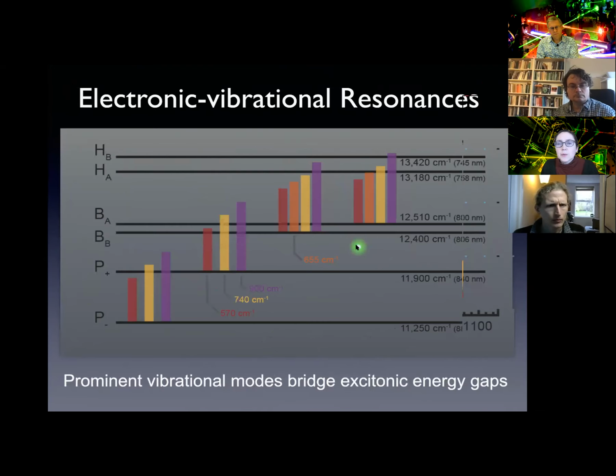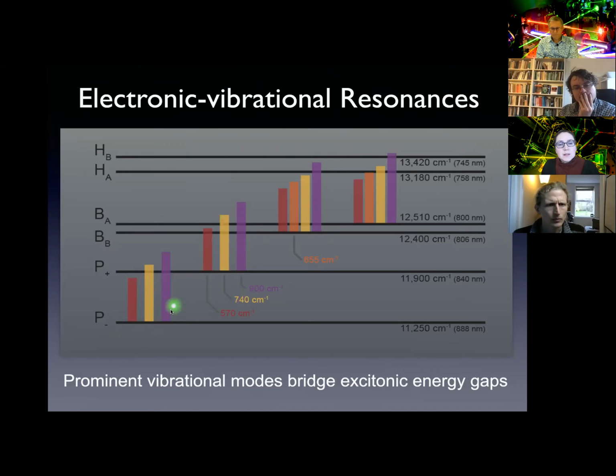And interestingly, when we take our excitonic model, so the positions of exciton states that we derived from our kinetic fitting from our previously published work, if we look at that excitonic structure and then the dominant vibrational modes that we identified from the coherence data, here I'm showing those modes with the height of these bars representing the vibrational energy.